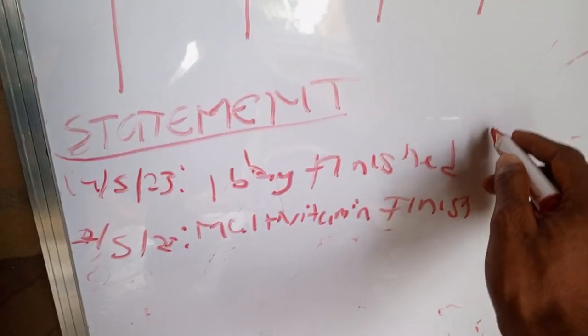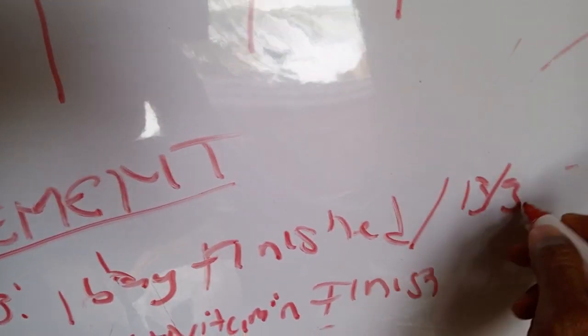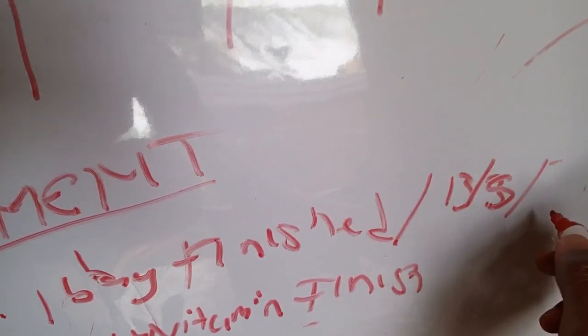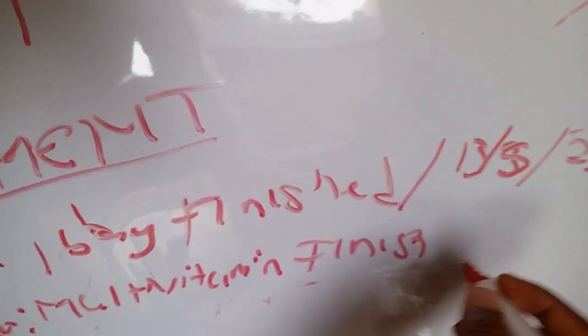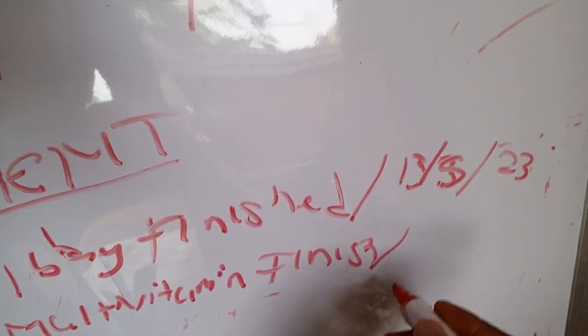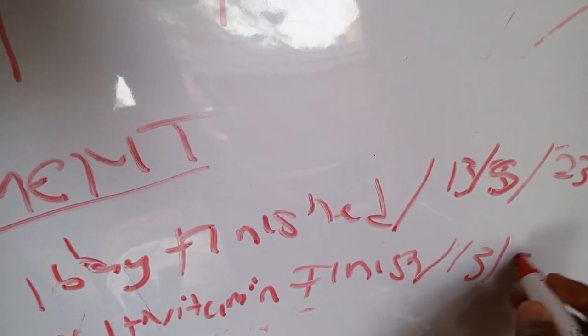Then at this end you put a slash, 13/5/2023, which means that is when it was bought. Whereas 13/13 means we bought it on the same day. Are you getting me?